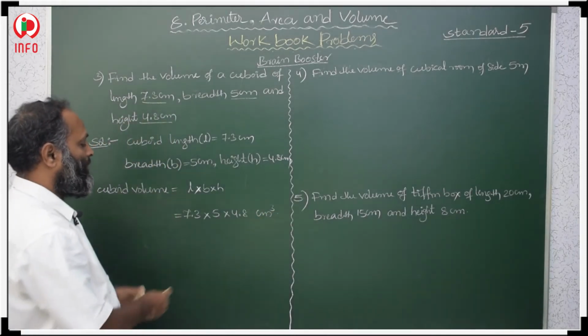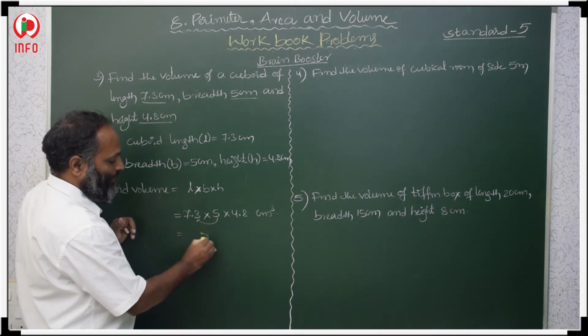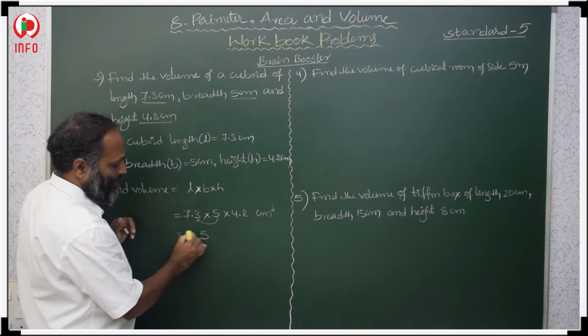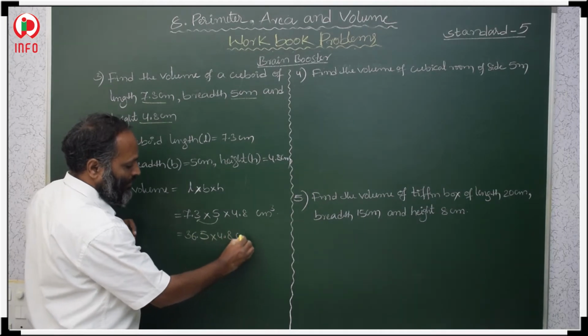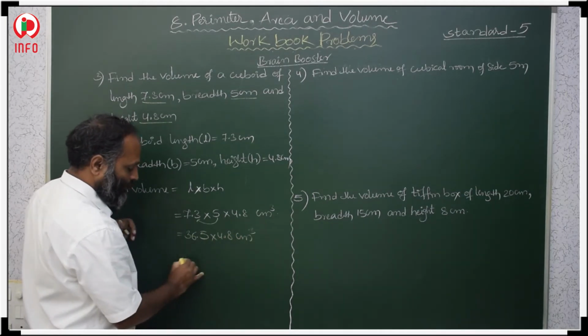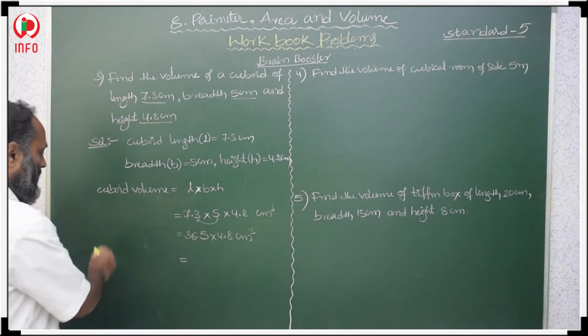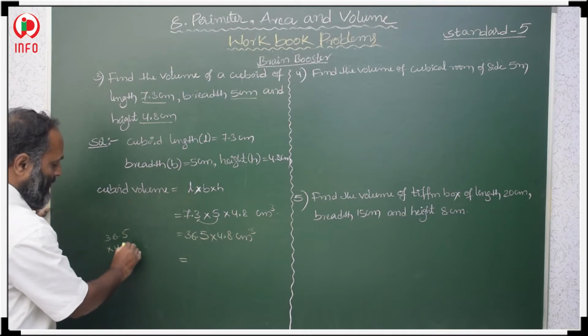Then multiply with 5. 5 3s are 15 and 1. 5 7s are 35, 36. 36.5 into 4.8 centimeter cube. Now 36.5 we have to multiply with 4.8.